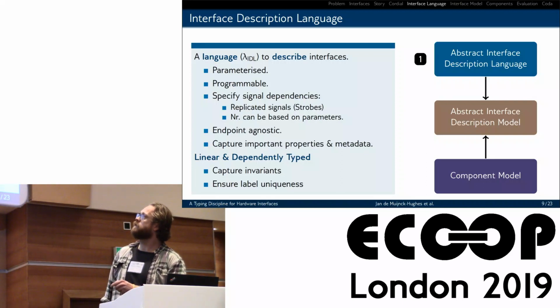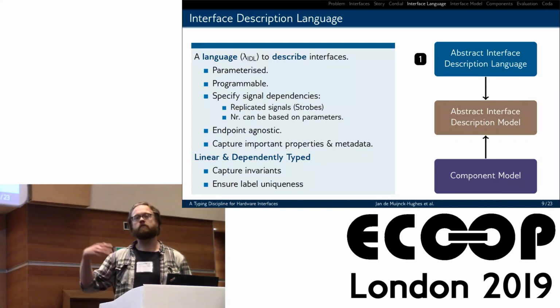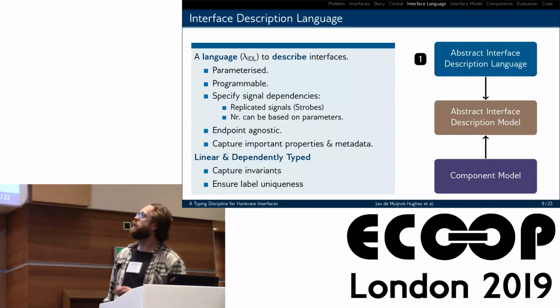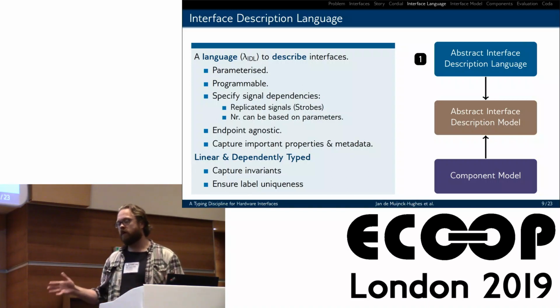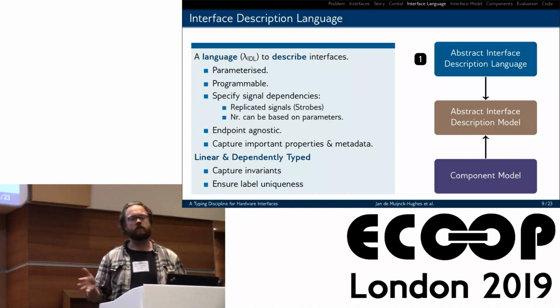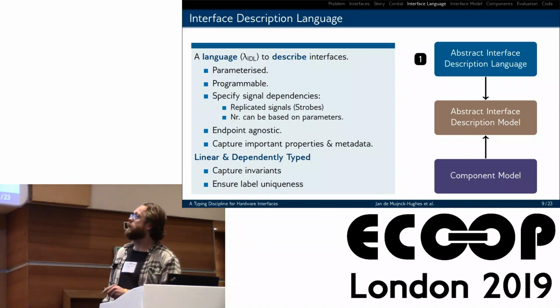And we can now start to specify signal dependencies, because since we've got parameters, we can pass them around our description. For things like strobes and replicated signals, we can now say the width of this signal is going to be based on some function we've computed that's come from outside. Again, this is endpoint agnostic, and we want to capture the important properties.